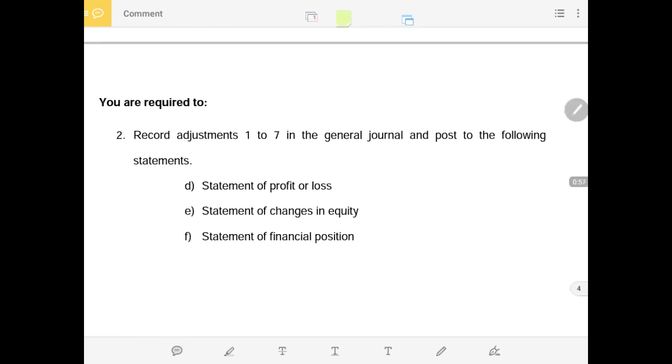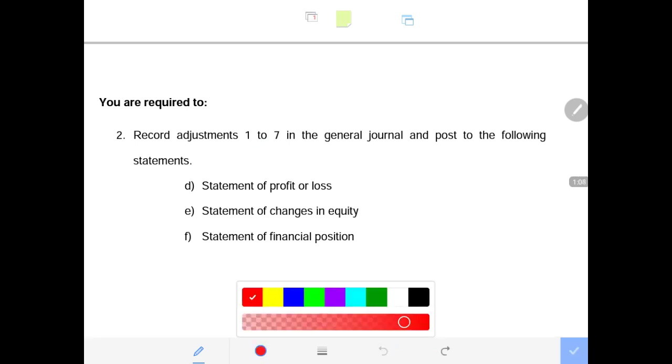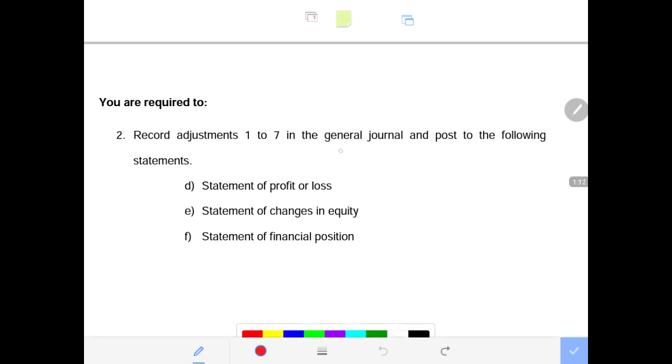We are required to record adjustments number 1 up to adjustment number 7, in the general journal. Then we have to post them into the following financial statements: the statement of profit or loss, the statement of changes in equity, and the statement of financial position.